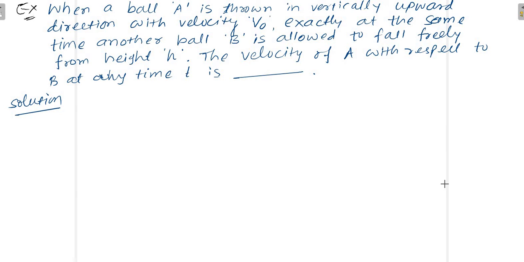So let's solve one more example and then we'll conclude. So when a ball A is thrown in a vertically upward direction with velocity v0, so a ball is there. This is ball A. It is thrown in upward direction, right? With velocity v0, obviously. So this is having velocity v0, initial velocity.